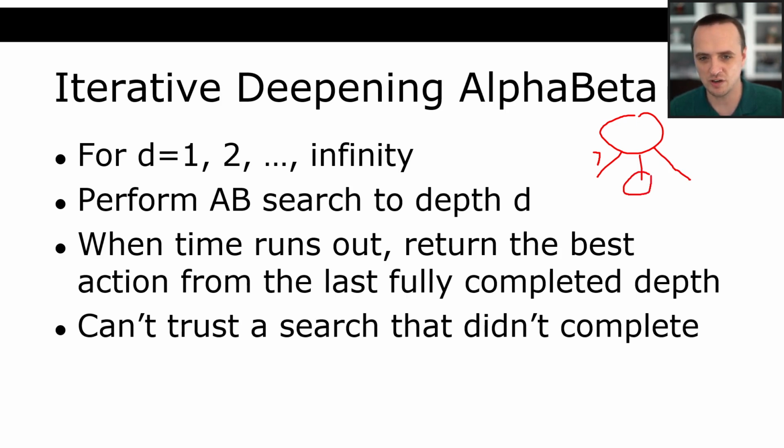And maybe I'm currently evaluating these nodes down here, right? If I have to stop the search while I'm evaluating these nodes, I have no idea what the value of this node could be. It could be 1,000,000. So if I have not finished that depth of search, then I don't want to trust it. So what I'm going to do is when the time runs out, I'm going to return the best action from the last fully completed depth.